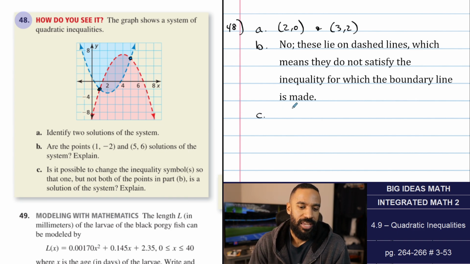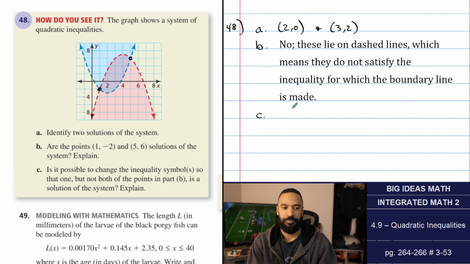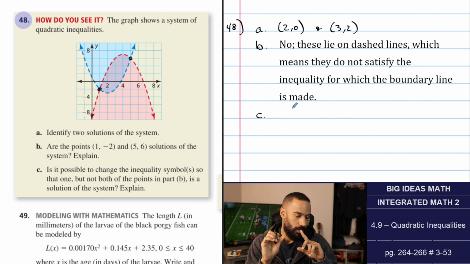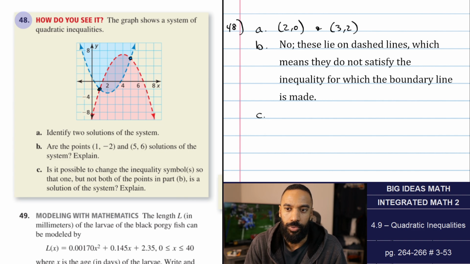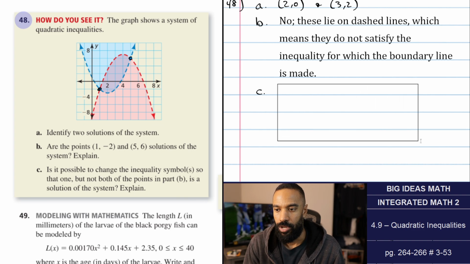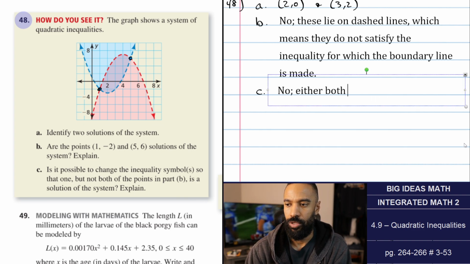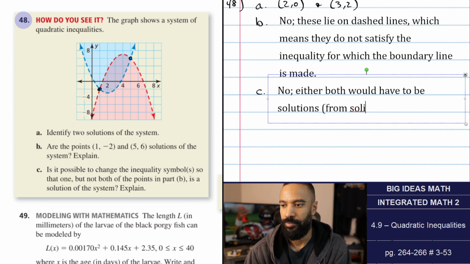C, is it possible to change the inequality symbol so that one, but not both, of the points in part B is a solution to the system? Explain. If one of them is, the other's not? No, wait. No, both would have to be solutions together, or neither.